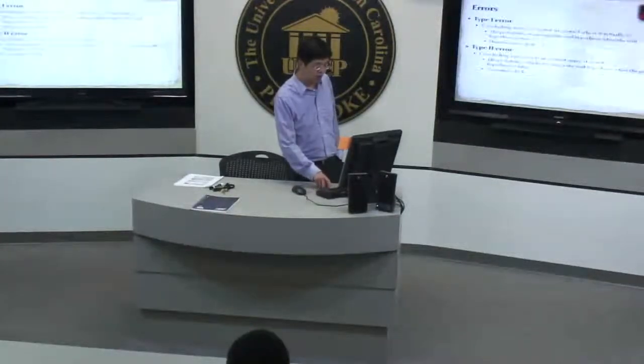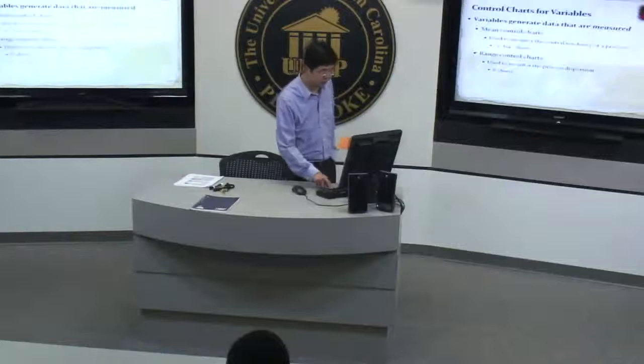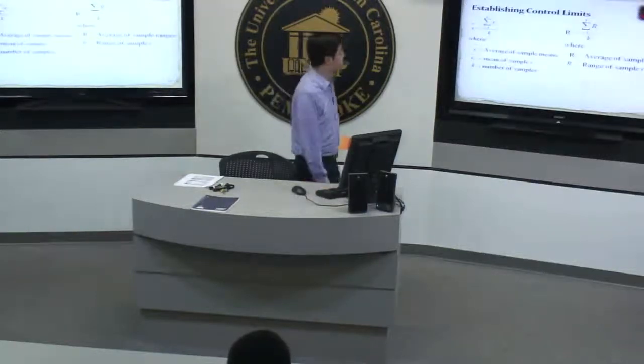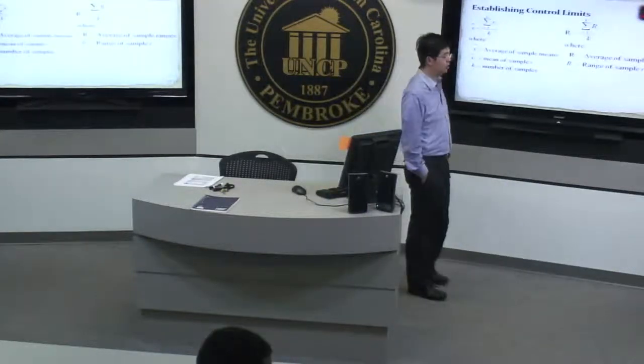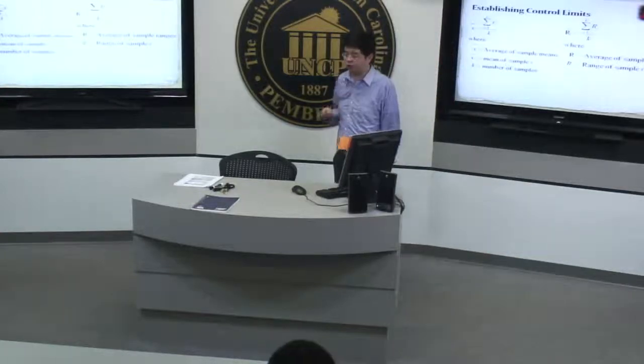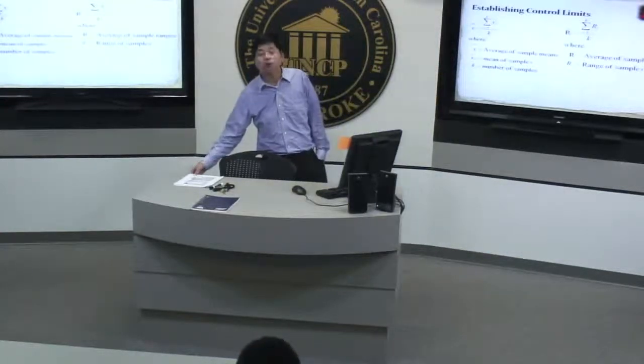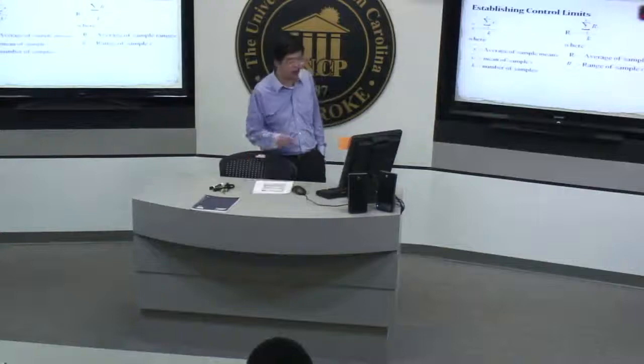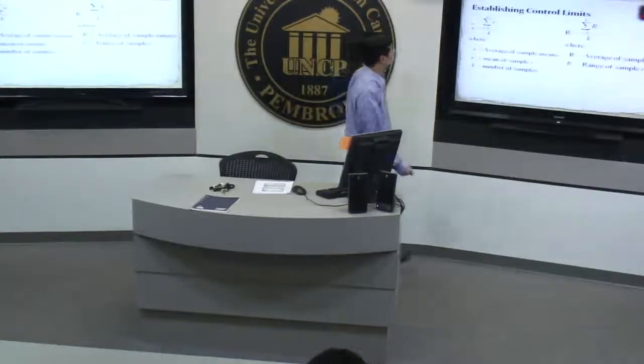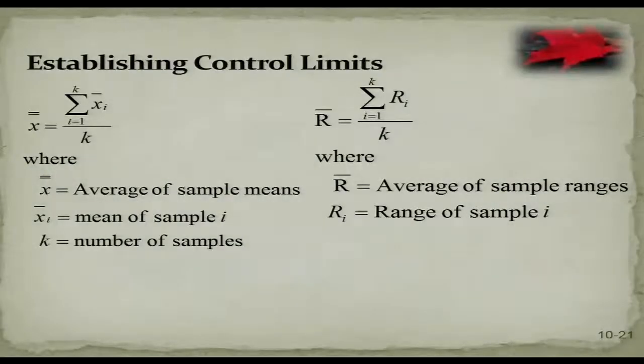Okay, chapter 10. Let's continue our study on chapter 10. Last Friday's class, we began to introduce two types of control charts, which are very useful for us to control our quality. The first control chart is the mean chart.